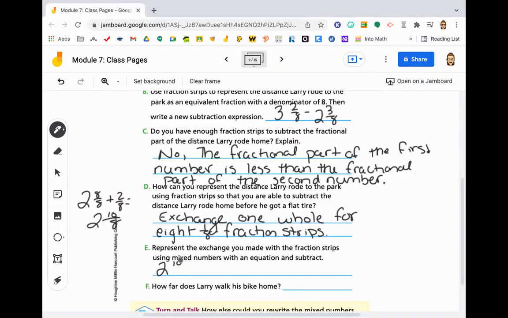So we have 2 10/8 minus 2 3/8. So we get 2 minus 2 is 0, and 10/8 minus 3/8 is 7/8. So how far does Larry walk his bike home? 7/8 of a mile.